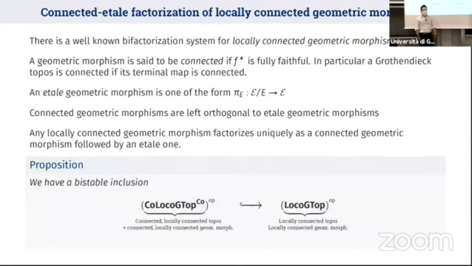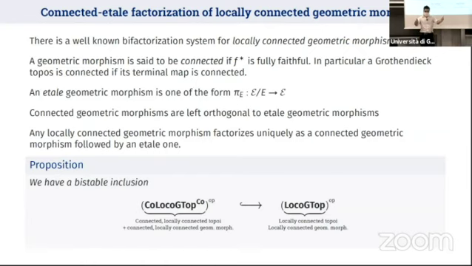So, there is a well-known factorization system for locally connected geometric morphisms, which is the connected-étale factorization. A geometric morphism is connected if its inverse image part is full and faithful, while on the other hand, an étale geometric morphism is the one you get as the projection of a slice of a topos.